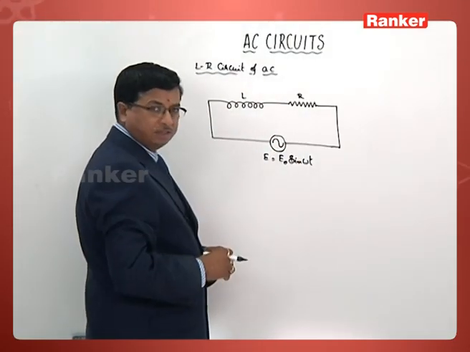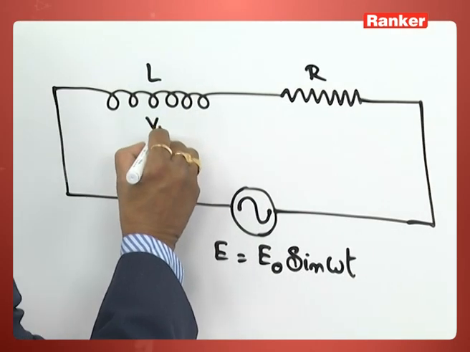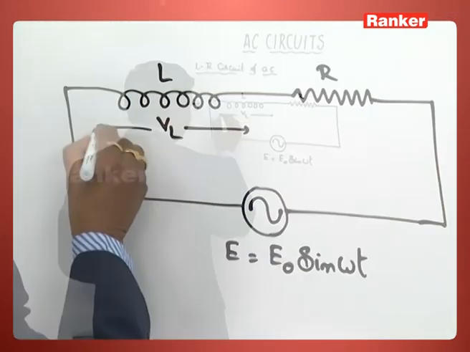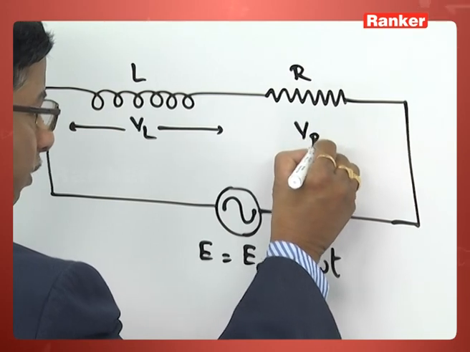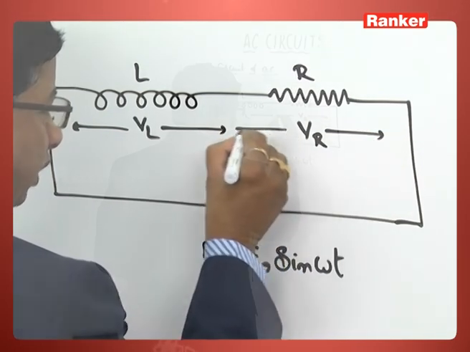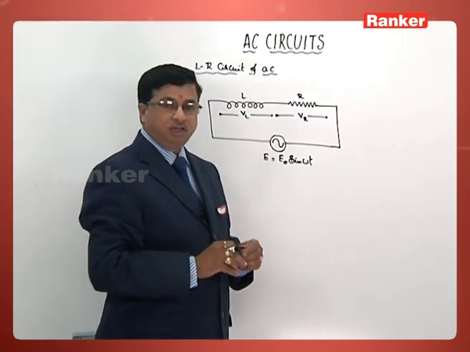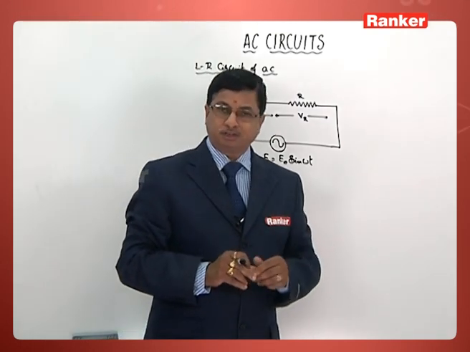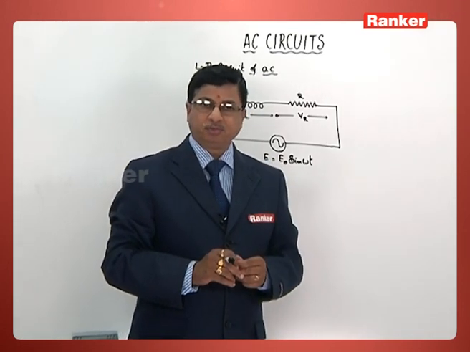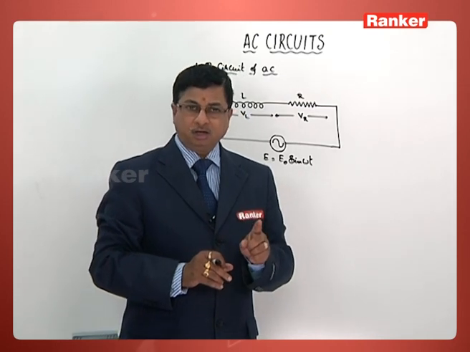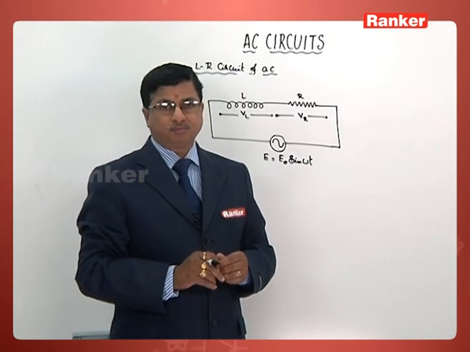Let us now consider the potential difference across the inductance as VL. The potential difference across the resistance, let us take it as VR. And we know in the case of an alternating current circuit, when resistance alone is connected, both current and EMF are going to be in the same phase.